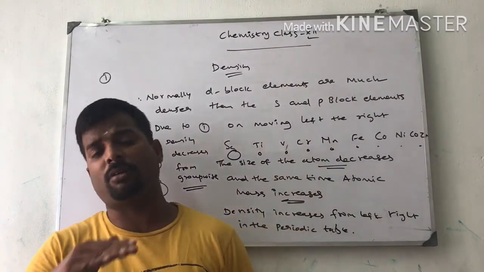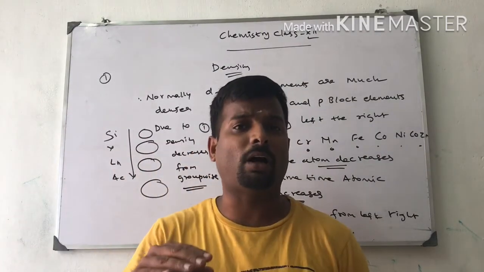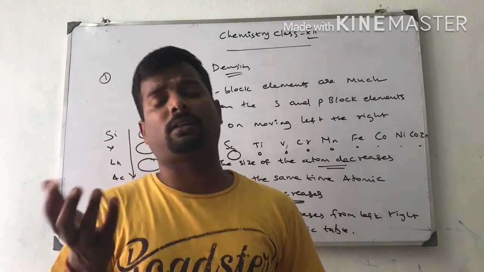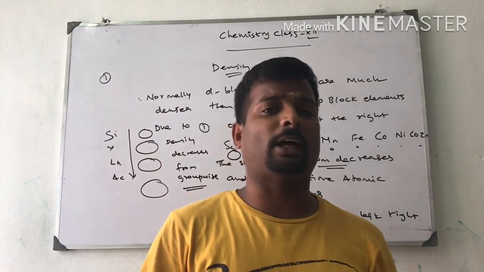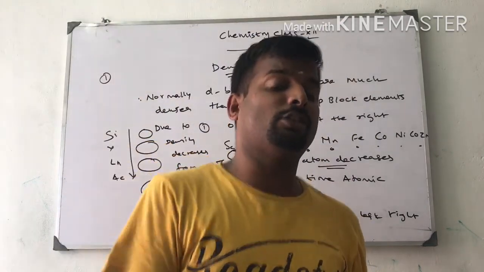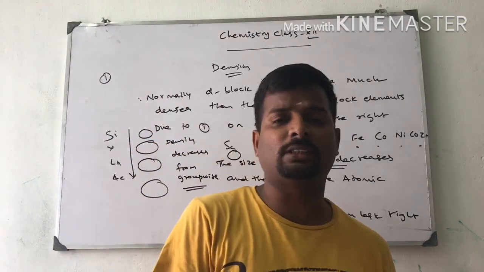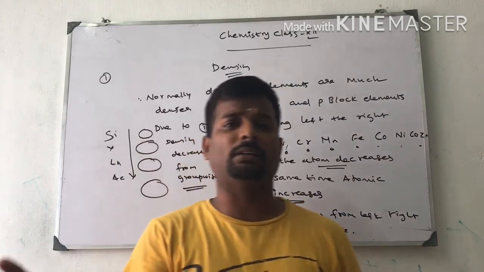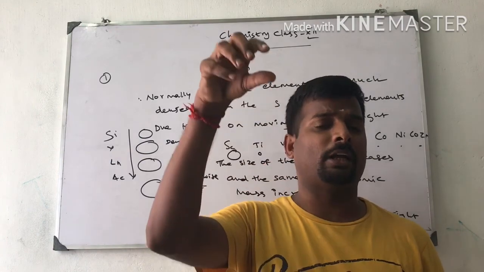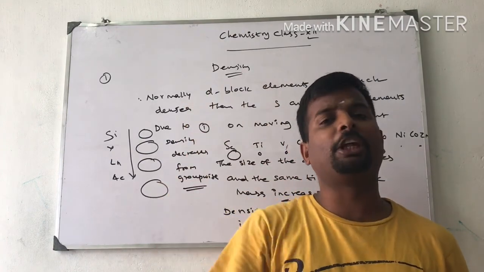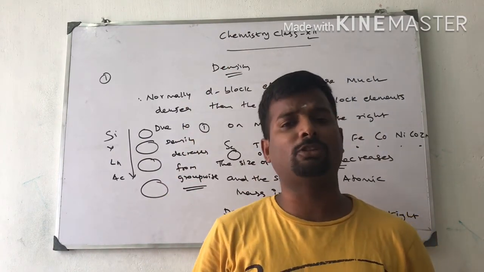Density increases from left to right due to small size and a large number of electrons. Density decreases group wise because atomic size increases enormously while atomic mass also increases, so density decreases a little from top to bottom. Thank you students. God bless.